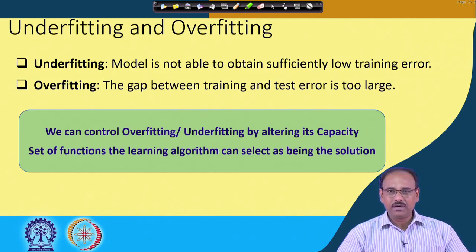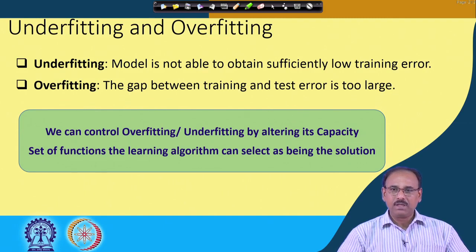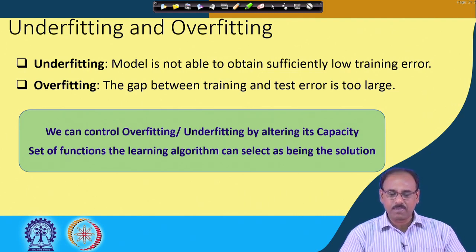If I want to fit a curve of higher order, say order 5 or order 7 and so on, then it is possible that for the given set of data, there will be no error, but the model is too specific for that set of training samples. It is not general enough to perform well on an unknown data set or test data set. So, even selecting the capacity of the machine learning algorithm is also a difficult or challenging task.